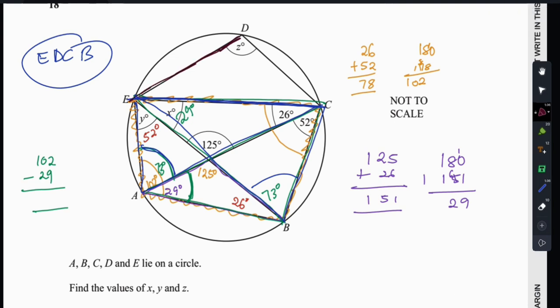I'm sure you can see that B and D are opposite in a cyclic quad, so we can say 180 degrees minus 73 to get Z. 180 minus 73 is 107 degrees.